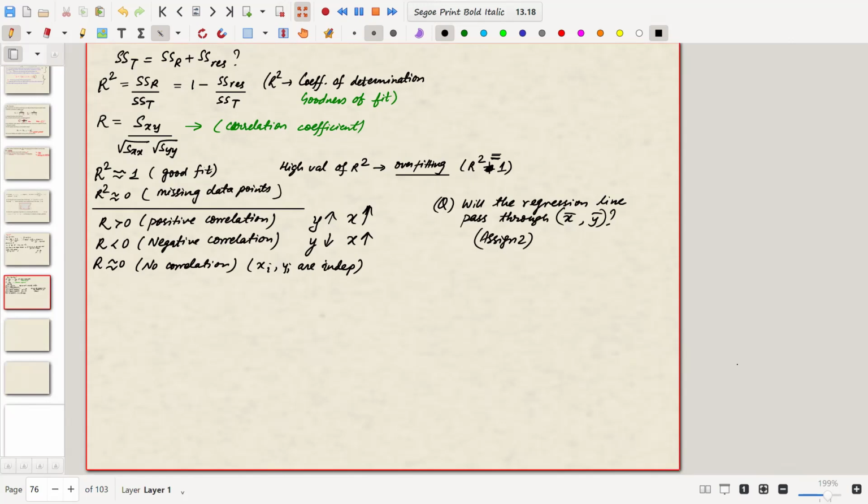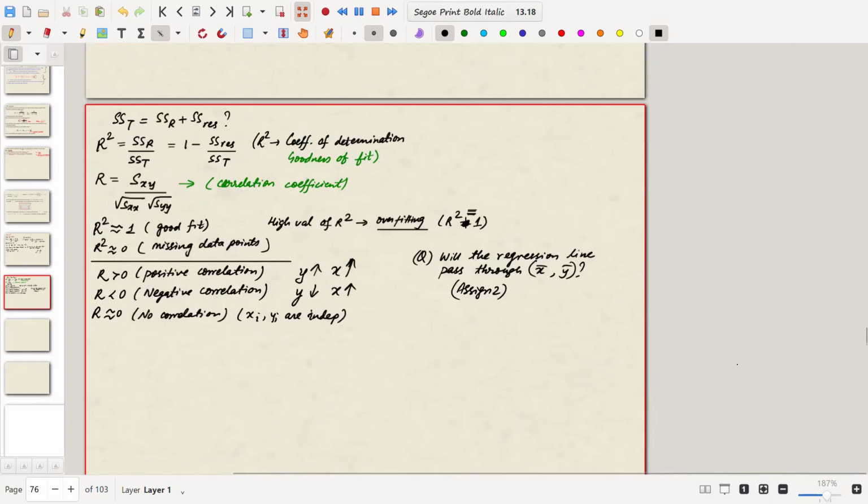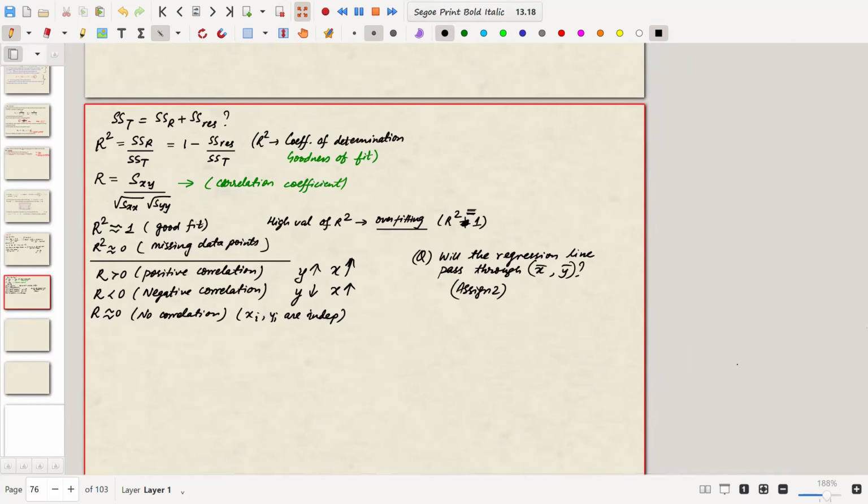So are you okay with this so far? Any doubts? So this is all the part I just covered before deriving all this. Shall we derive this one?